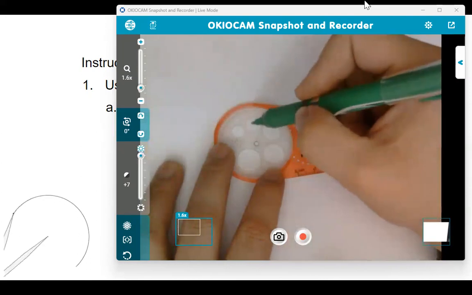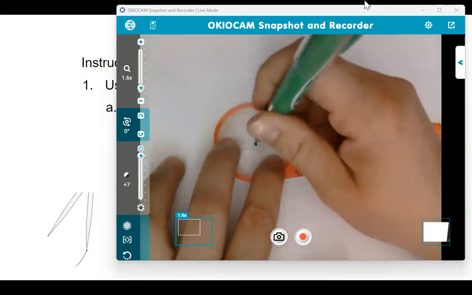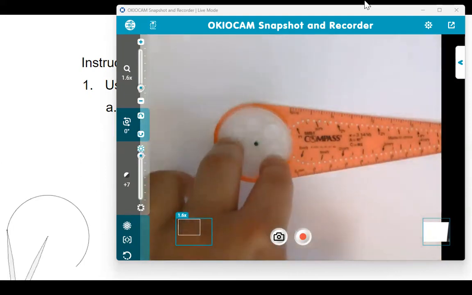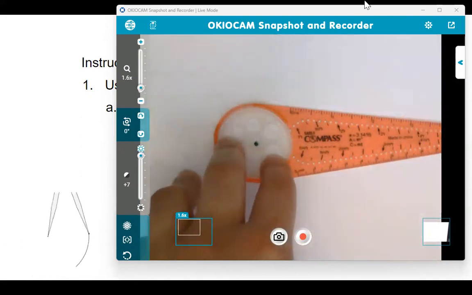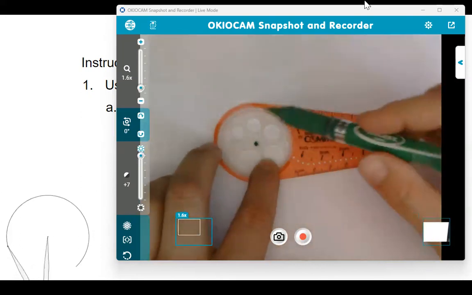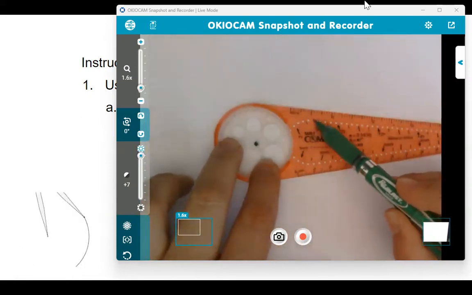The first thing you're going to do is mark your center. Make it nicely and pronounced on your paper. The next thing you're going to do is select your radius. You can choose any of these points.